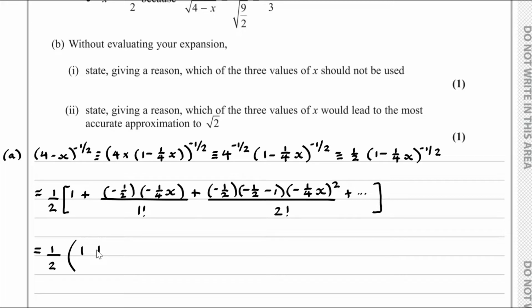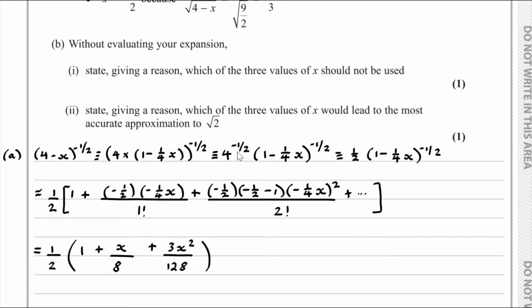That would be positive x over 8. And then here we have minus 1/2 times minus 3 over 2 times 1 over 16 divided by 2. So that would be 3 over 128, and then we times this by x squared. So we add on 3x squared over 128.